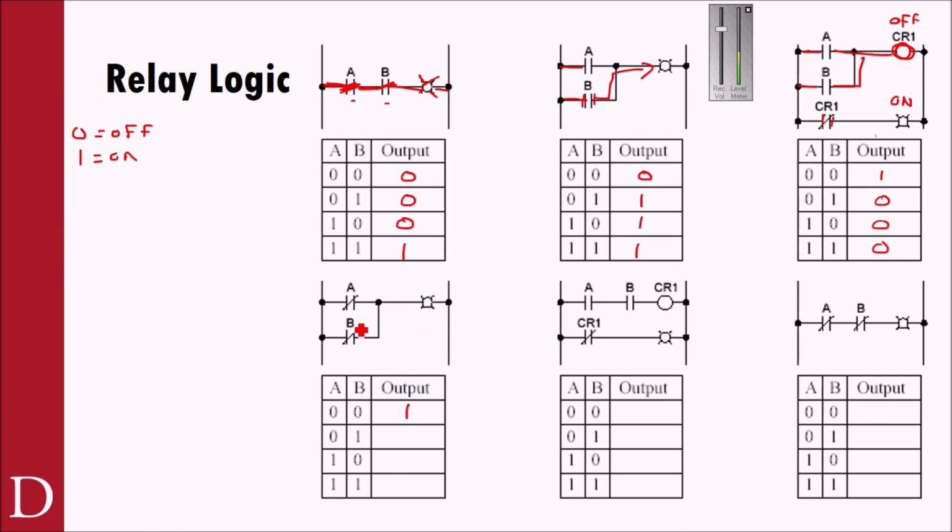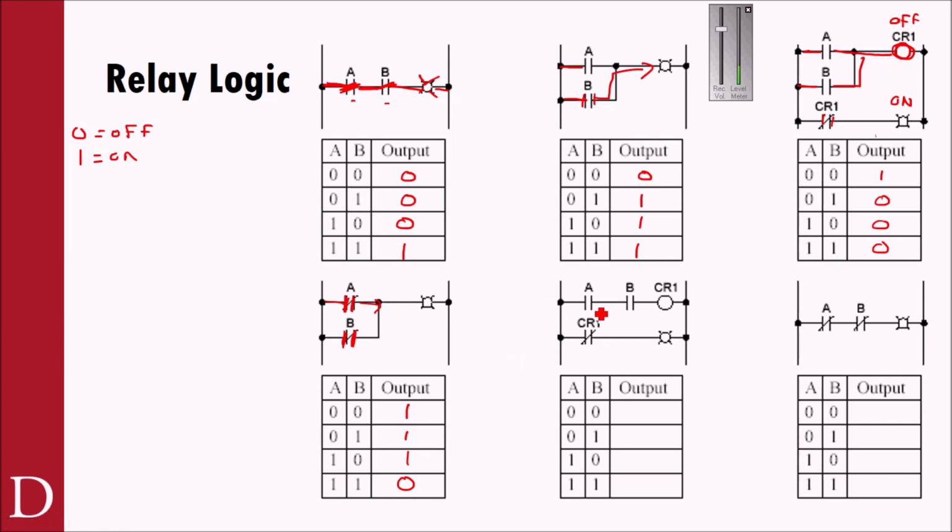Because these are both off and they're shown in the de-energized state, so I can get through, right? Or if A is off, I get a 1, or if B is off, I get a 1. The only way I don't get a 1 is if I energize A, then this opens. And if I energize B, then this opens. And now I no longer can get through, and so I have a 0 output.